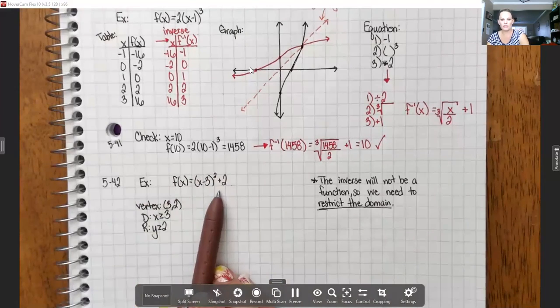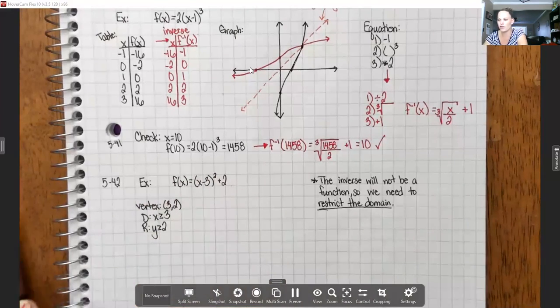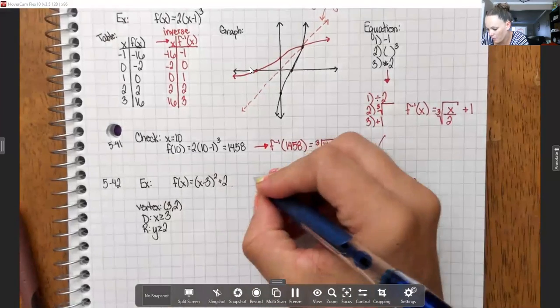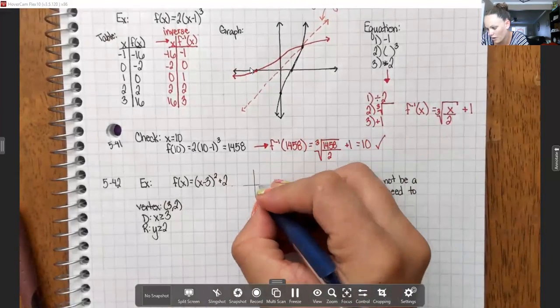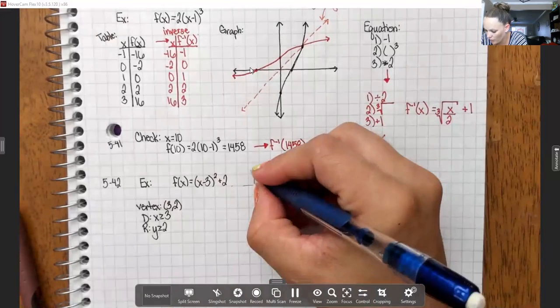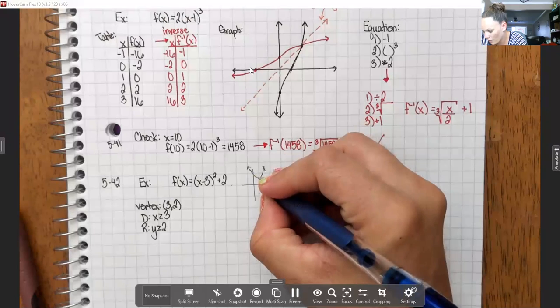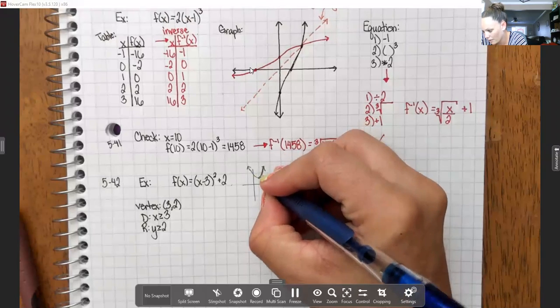So again, think about this parabola. The vertex is 3, 2. I'm just going to sketch it so you can see what I'm talking about. It would look like this, and we only want to focus on half of it.